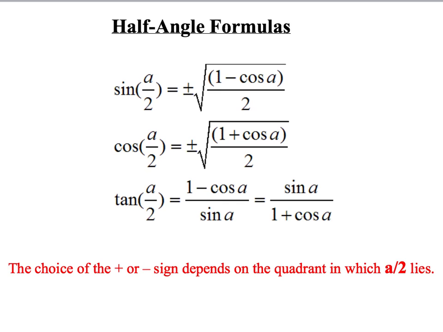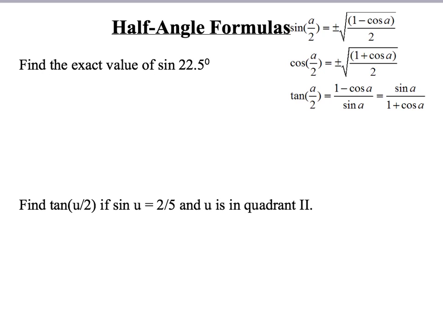I'll clear that. The first one is: find the exact value of the sine of 22.5 degrees. What we need to do is take 22.5 and write it in terms of one of the angles that we know exactly on the unit circle. What we could do there is treat it like this.